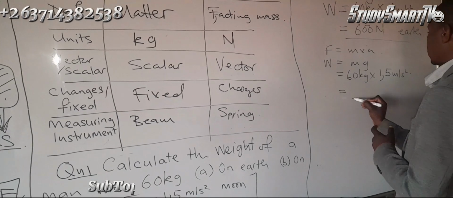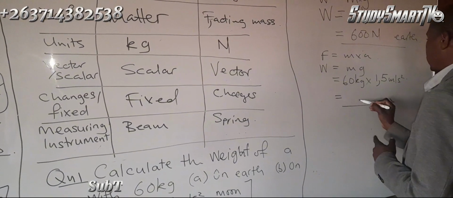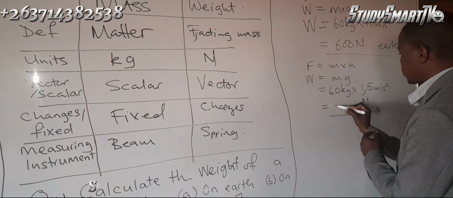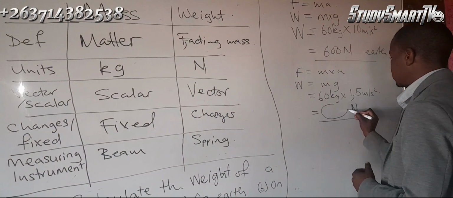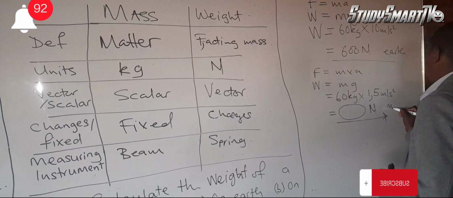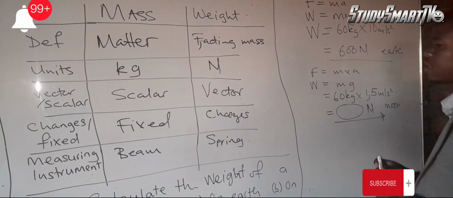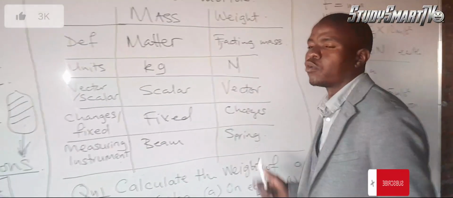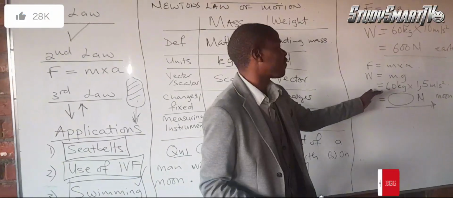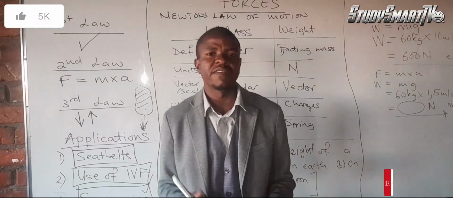Then we get the total for this multiplication. I'm no longer sure, but that will be in newtons. You can just use your calculator, and after you use it, you put the exact figure. That will be the weight on the moon. So a person will weigh less on the moon compared to on the earth. Why? Because the force of gravity on the moon is lower than that on the earth.